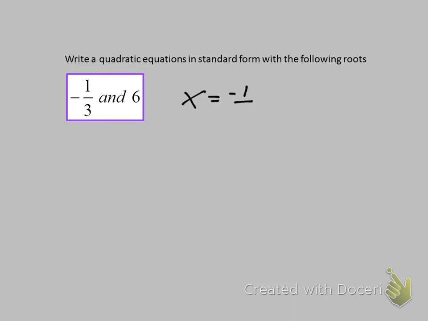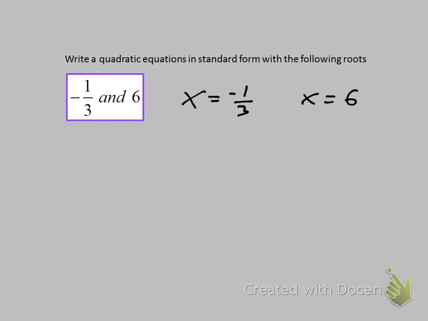X equals negative 1/3. X equals 6. Stone, would it be positive? Nope. X equals negative 1/3. X equals 6. Okay? Now, you're going to turn those into the binomials from which they came.